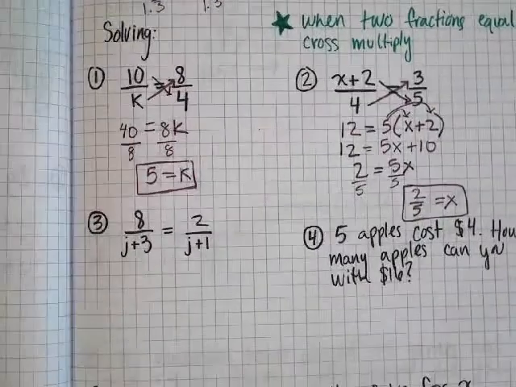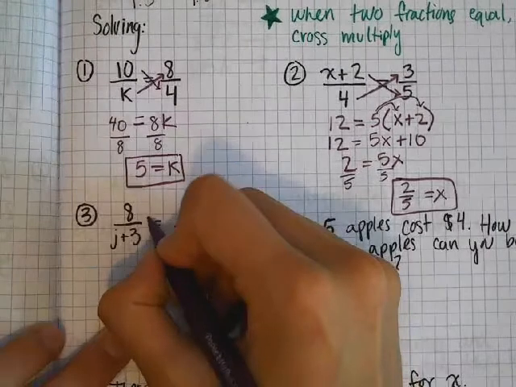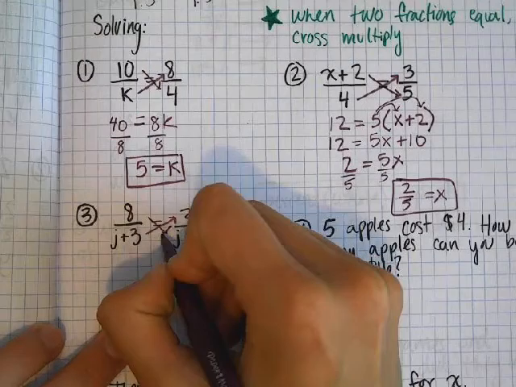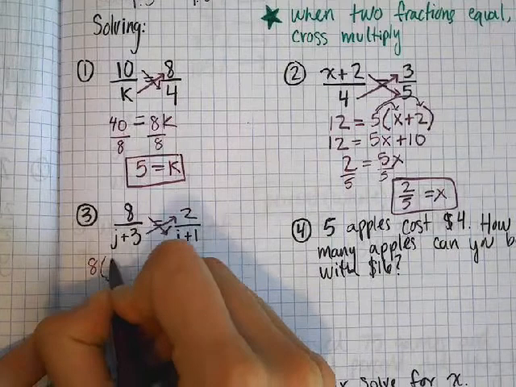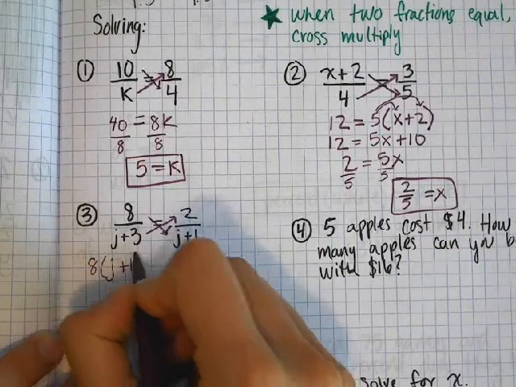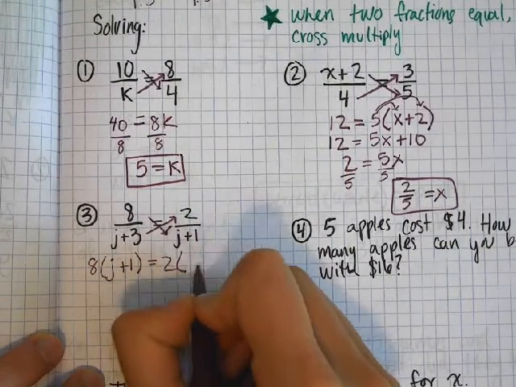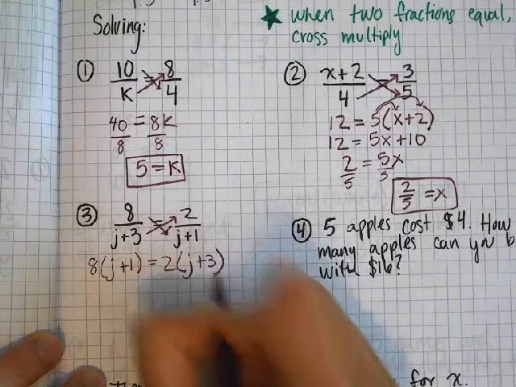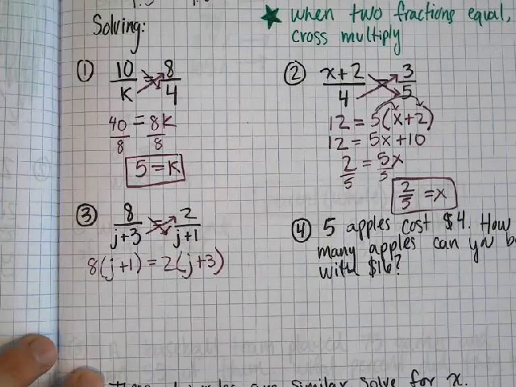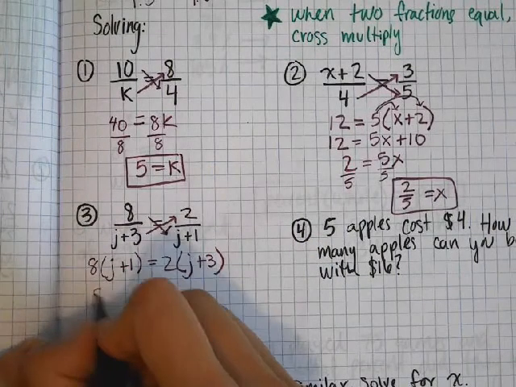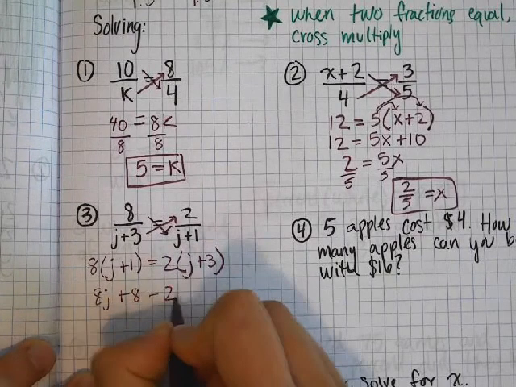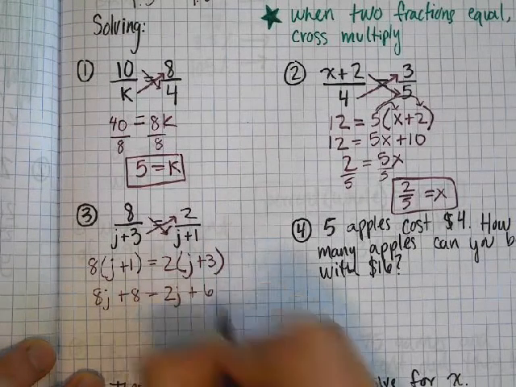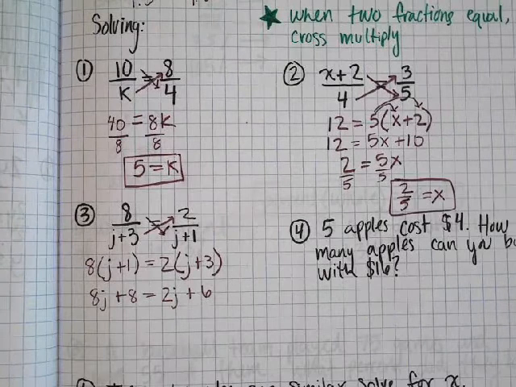Okay, things could get a little bit more tricky. Okay, we might have to distribute on both sides of our equal sign. So here we have 8 times j plus 1 equals 2 times j plus 3. Okay, and here just distribute both sides. So I've got 8j plus 8 equals 2j plus 6.